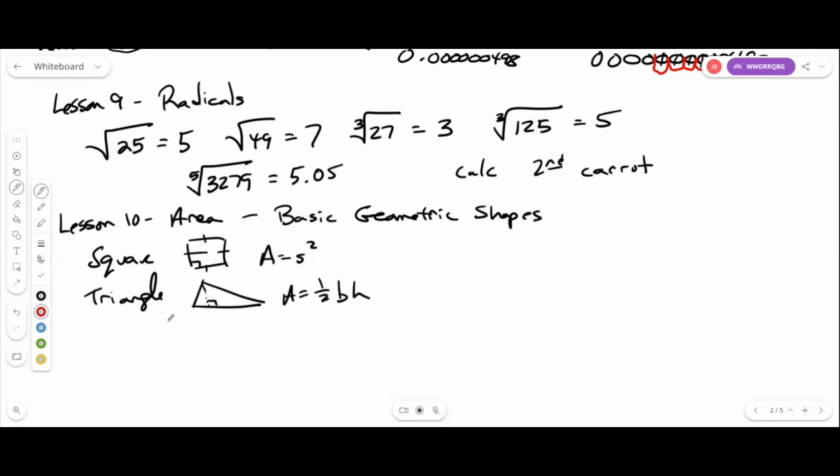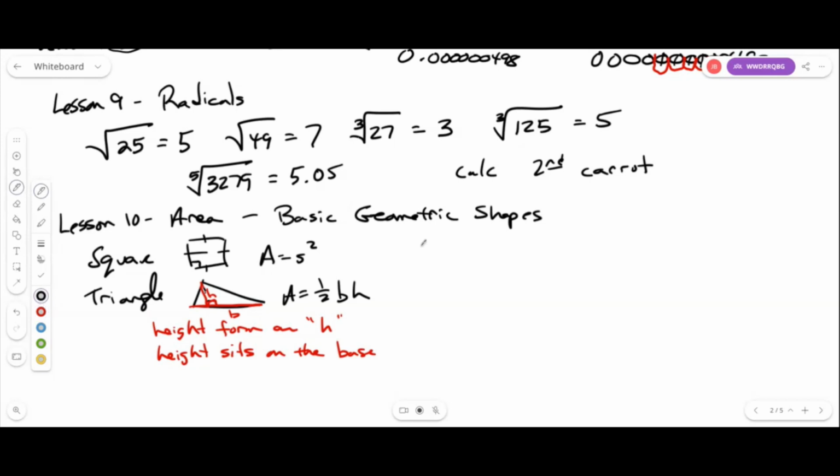And we also talked about the fact that the height forms an H in the picture, and that the height sits on the base. So this right here is the height, and this is the base of the triangle.